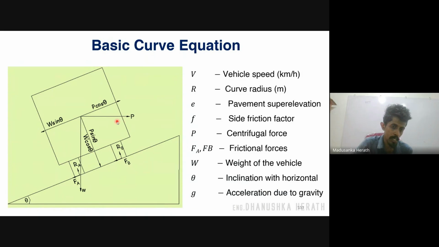If we consider the forces acting on this vehicle, we have the reactions coming from the road, Ra and Rb, the frictional forces Fa and Fb, the weight W, and the centrifugal force P. If we take the components, for the weight W, this side is W sin theta and this side is W cos theta.